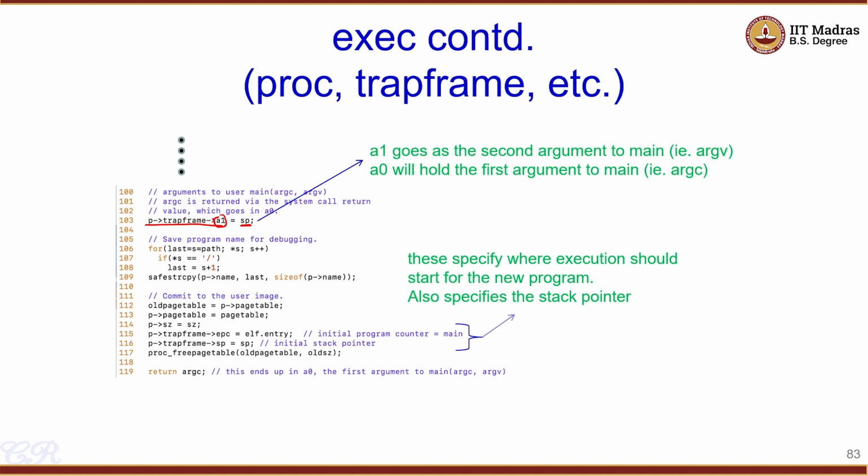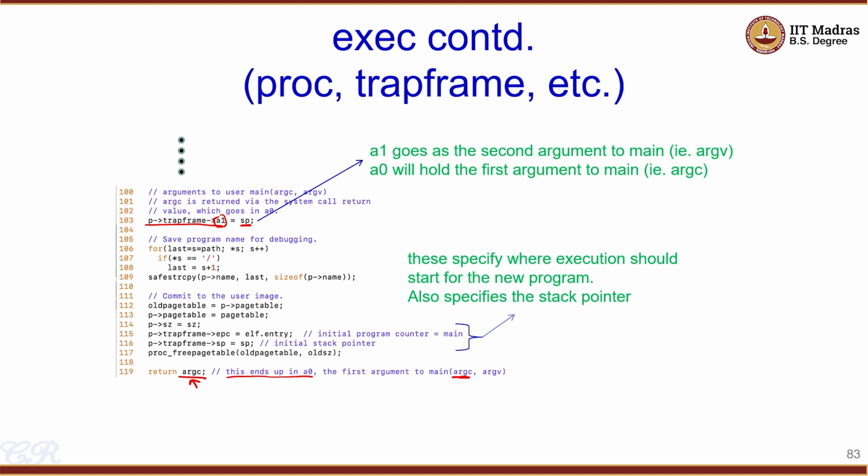Now recollect, SP would be the bottom of the stack, that is, it would contain where the argv array starts, right? Similarly, the first parameter A0 would contain argc. So this argc value ends up in the A0 register and would be the first argument to main. Okay. So in addition to passing the parameters, there are a few other things that we need to take care of.